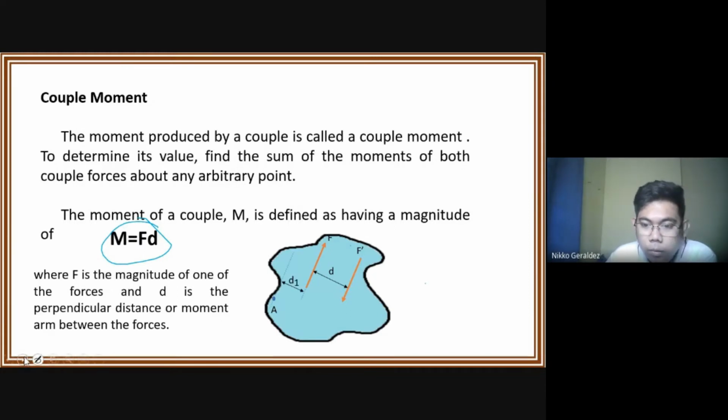Una, yung force F, perpendicular distance from point A, so that is t1. Yung F prime, perpendicular distance from point A, so that is t2. Ito yung object natin. Pakita natin that the sum of the moment is force times perpendicular distance.